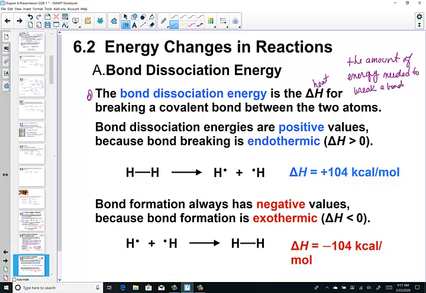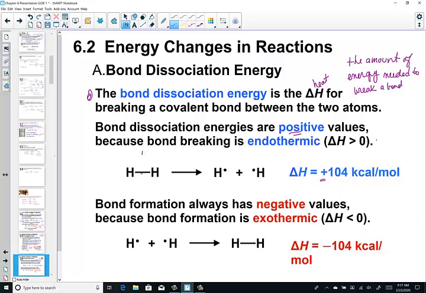The amount of energy needed to break a bond is known as bond dissociation energy. And remember, to break a bond is always an endothermic process, so it will always be a positive number. Notice that an endothermic process is always a positive number.